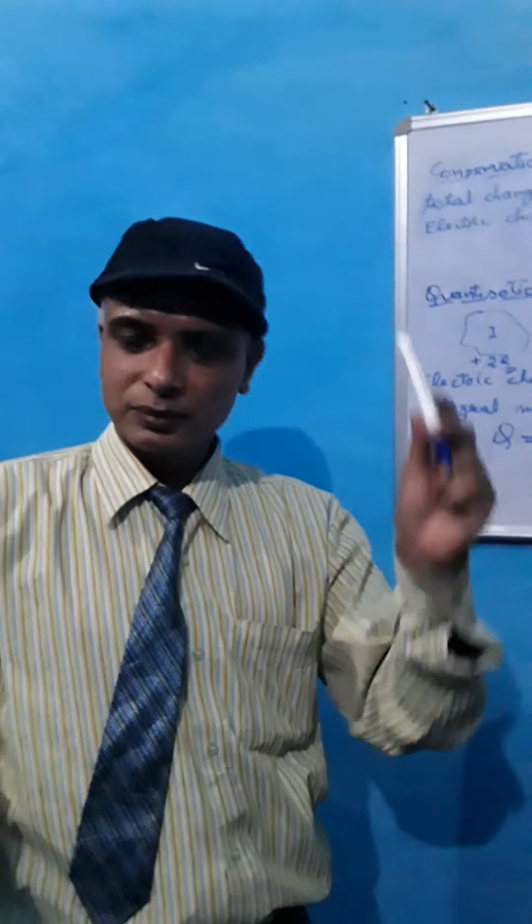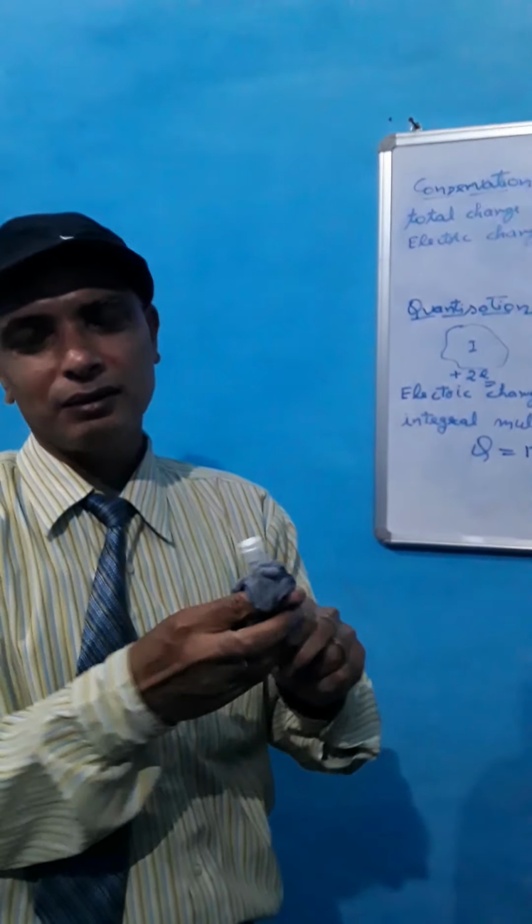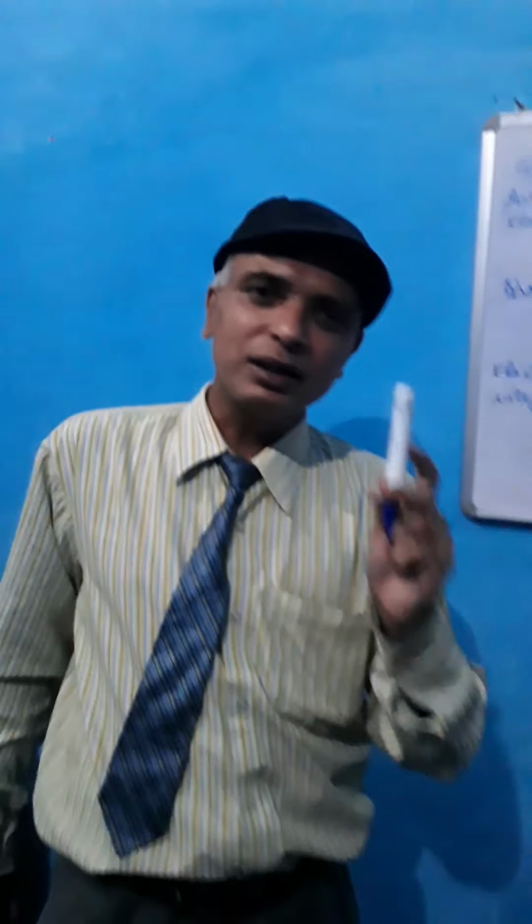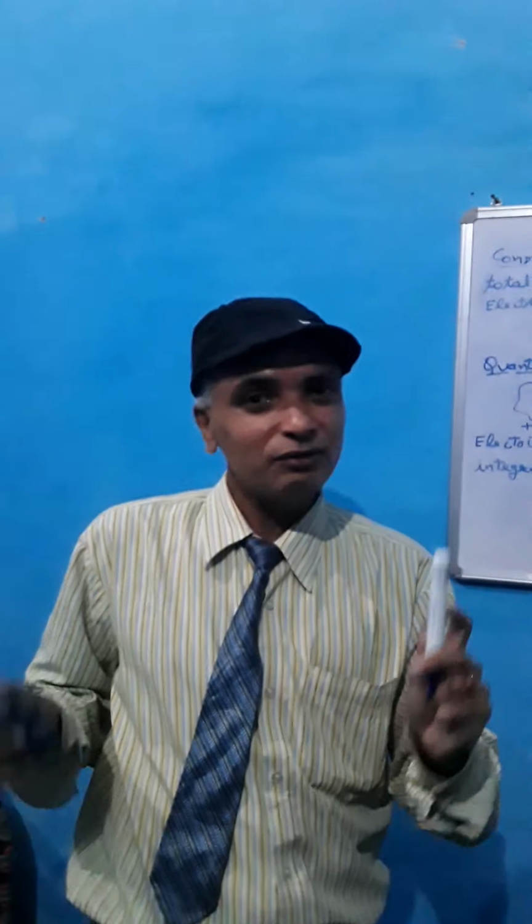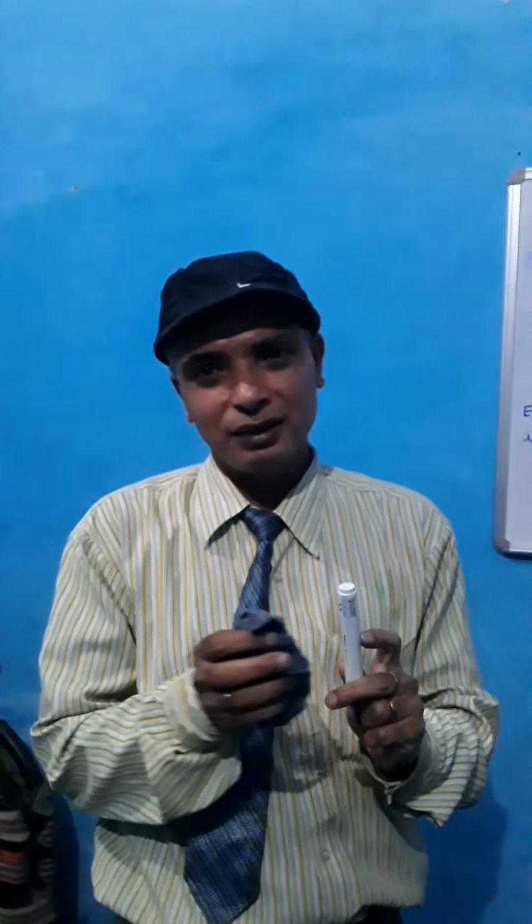We can explain it with the help of one activity that I have performed. I said when I rub, suppose this is a glass rod, I rub with silk cloth. What have I observed? I observed that the glass rod develops positive charge. But when I bring this positively charged glass rod near the silk cloth, what will happen? They will start attracting each other. It clearly depicts that the same amount of negative charge is developed on the silk cloth as the positive charge produced on the glass rod.